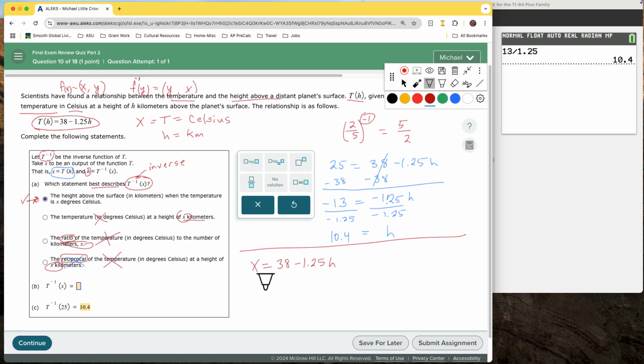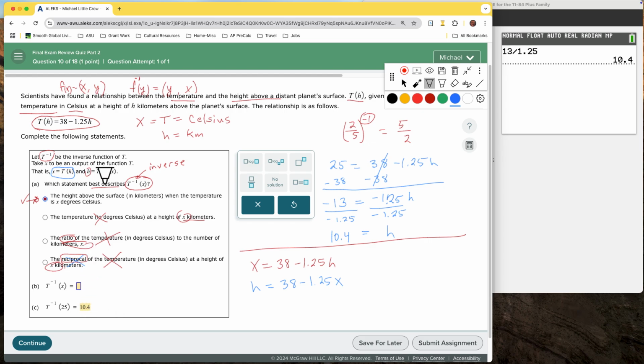I could have just used capital T, but that's what they want us to do. Now I could solve it for h and then switch, but what I'm going to do is the switch of variables. That's what gets me the inverse function. So x becomes h, h becomes x. Now I solve it for x.